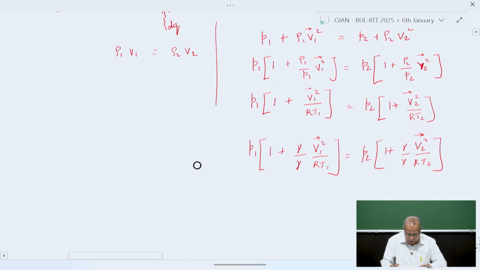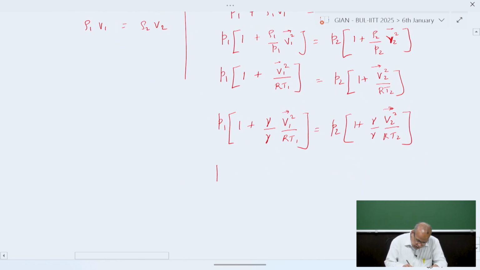Then I can write this as P1 into 1 plus, can I write here gamma RT1? What is gamma RT1? C square. The numerator is V square. What is Mach number?